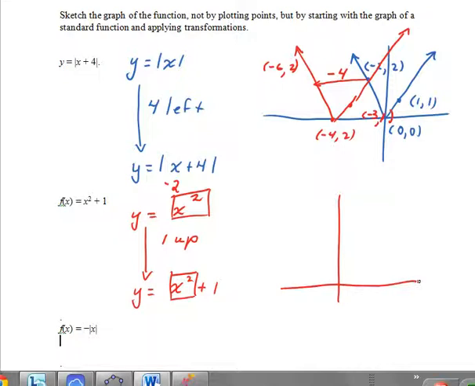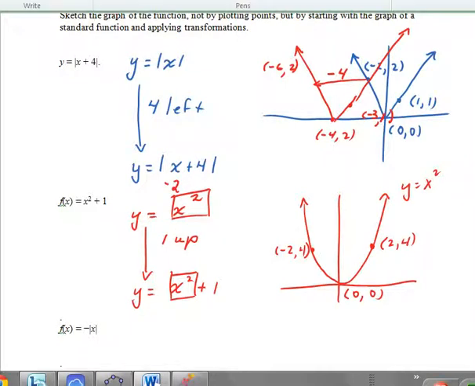So let's look at the curve, which is a parabola shape for the standard function y equals x squared. And let's let this be the points negative 2, 4, and 2, 4, as well as 0, 0. Now we're going to be going up 1 unit.